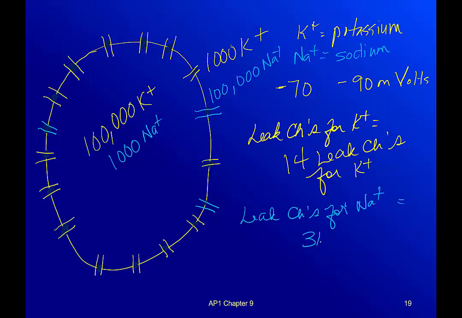I have 3 leak channels. If we're talking about a cell only having 3 entry points or exit points for sodium as opposed to 14, that's a lot less, meaning sodium has a harder time finding an entry or an exit from this cell than potassium does, because potassium has so many more leak channels than sodium does.